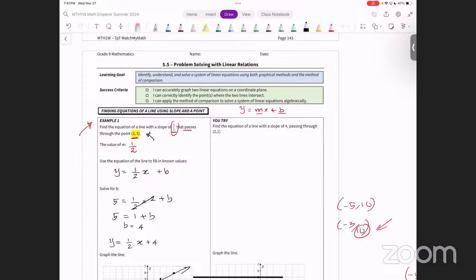So for the equation of the line, you have questions 144 to 159. Anyhow, you guys can do those questions while waiting for this, 144 to 159.